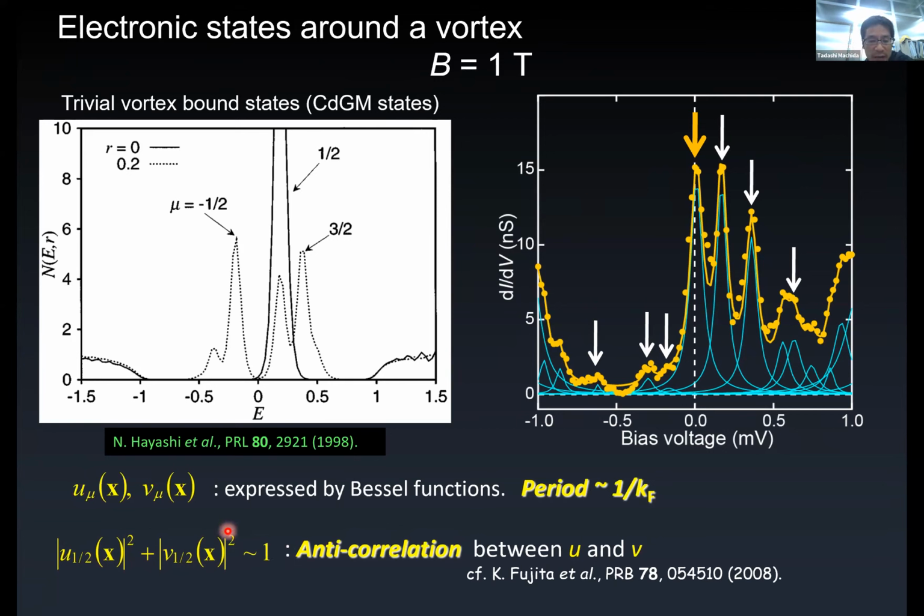So at the location where the hole-like excitation is dominant, the electron-like excitation should be small. Because of this relationship, we can expect this particle-hole asymmetry of the intensity of the conventional vortex bound states. Actually, some simulations of the trivial vortex bound states in conventional superconductors also show this kind of particle-hole asymmetry of the intensities. So this is very simple.